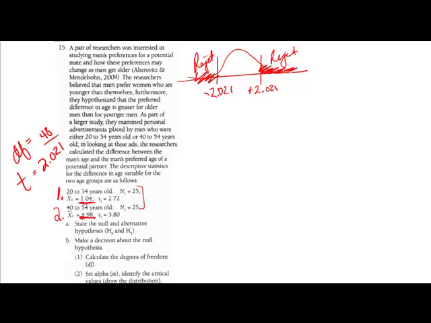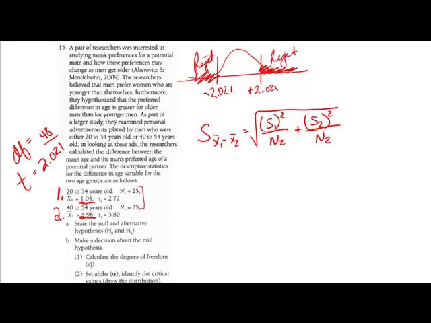Next step, we need to get our standard error. Should have this memorized by now. S1 squared divided by n1 plus s2 squared divided by n2.